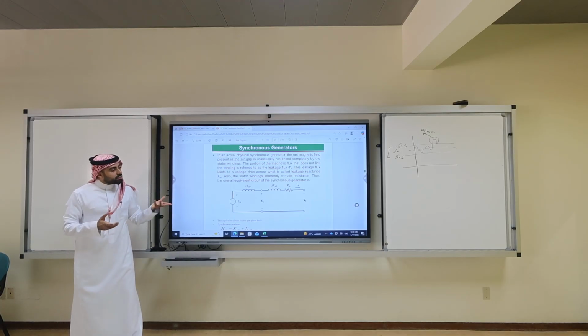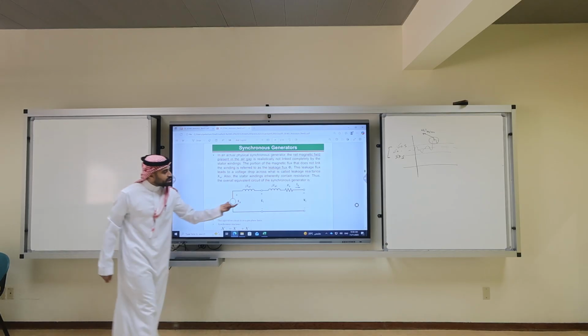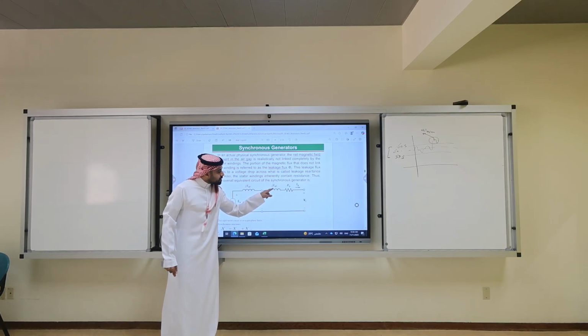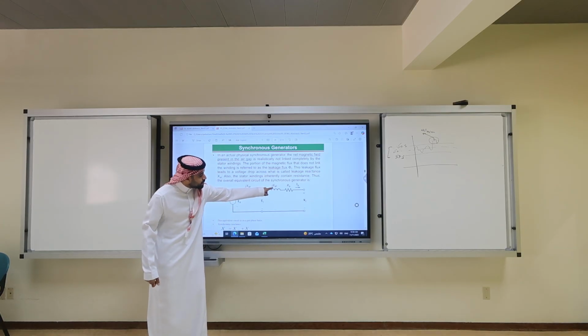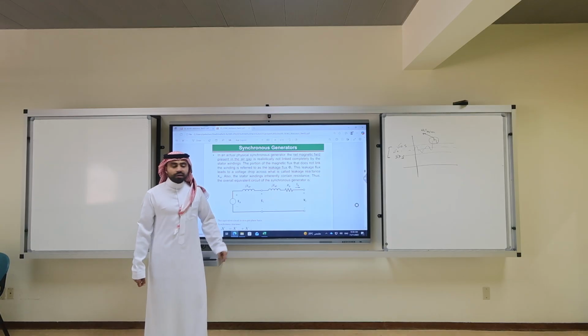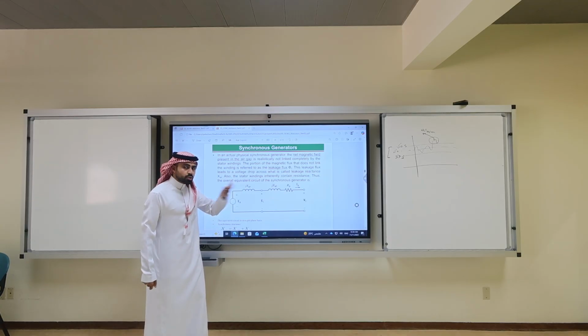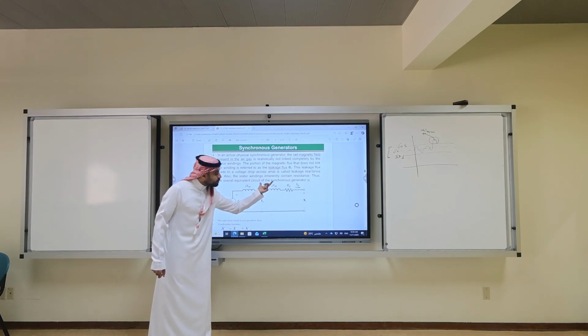So how do I model that? I model that by another inductive element, X aluminum, true or false? No, that's not aluminum. That's armature leakage, X sub armature leakage. So how many inductors do I have? I have an armature reactance and an armature leakage.